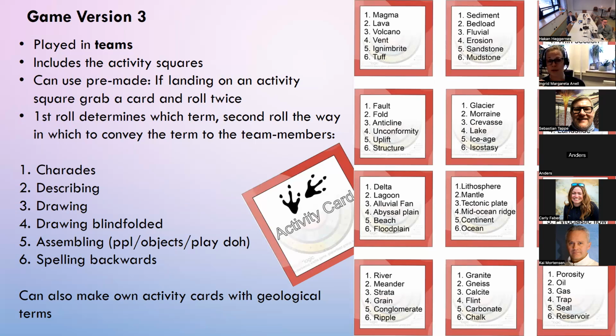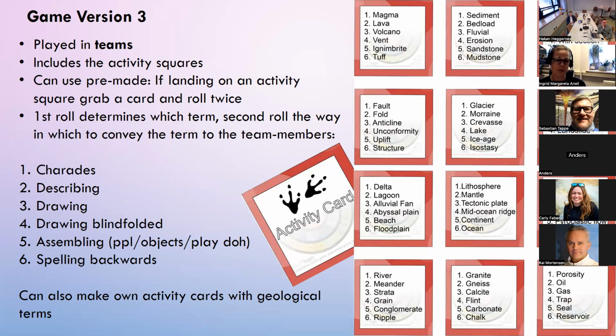The person who lands, or the team that lands on that square, rolls the dice twice. The first roll decides which of the terms you have to try and make your team guess. And the second roll describes which way you have to try and do this. So, for example, with charades, obviously the idea here is that some are very easy and some are very difficult.